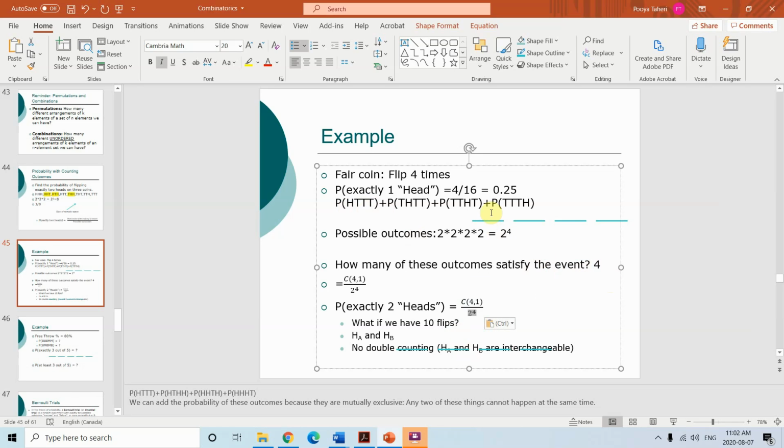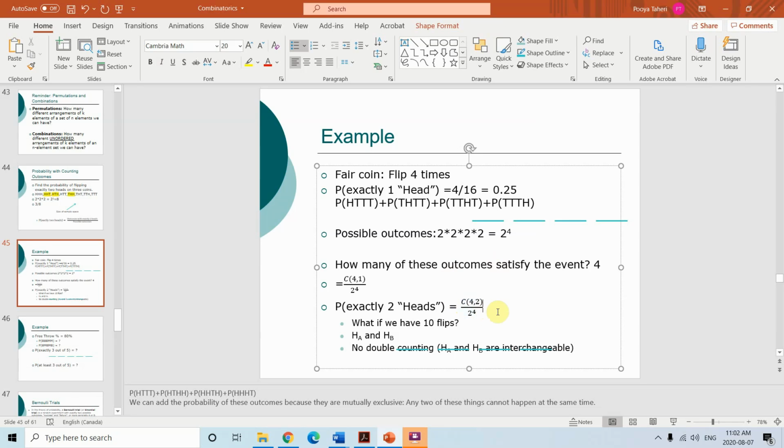Now here we want to select 2 of these places and place heads in them, and the rest has to be tail. So it's basically selecting 2 out of 4. It's going to be a 2-combination of 4 objects. Why is this a combination problem and not a permutation problem?